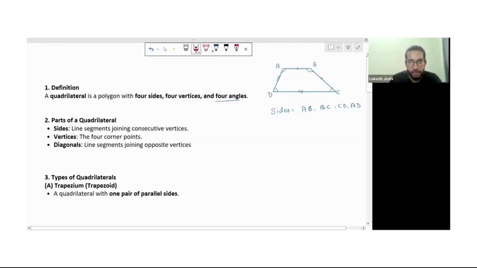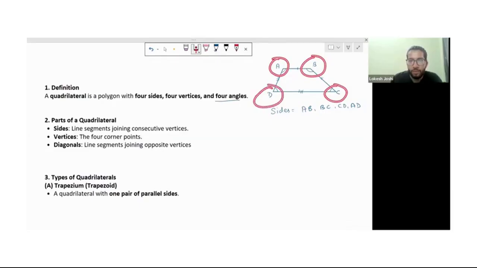Now vertices, the four corner points. It's written there: vertices are the four corner points. So they are A, B, C, and D.